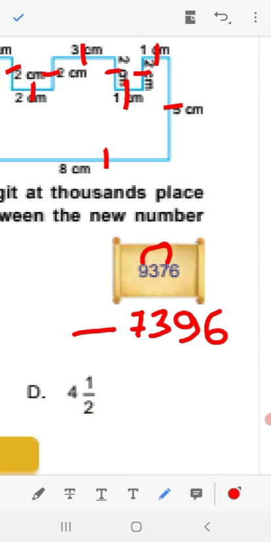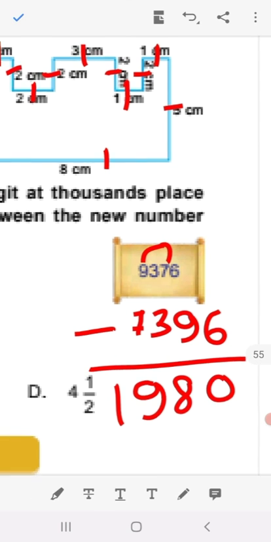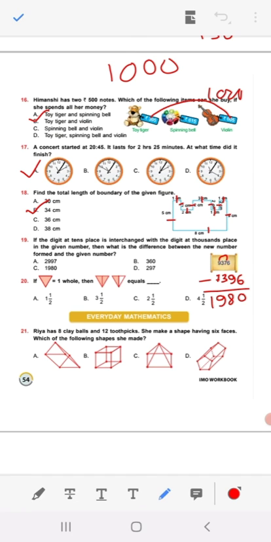Now you have to find the difference. So here 6 minus 6, 0. 7 minus 9 means 17 minus 9, 8, borrowing 1 from here, so it becomes 2. 2 minus 3, that is 12 minus 3, 9, borrowing 1 from here, 8 minus 7 is 1. So we are getting 1980. So option C is correct here.